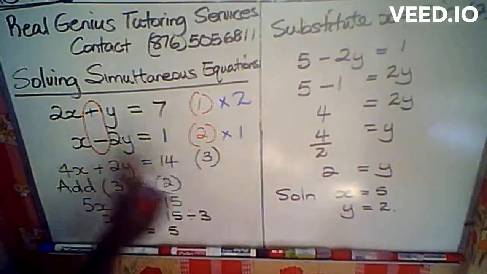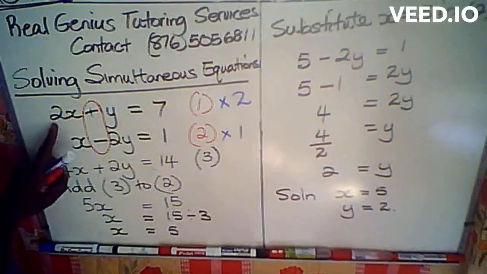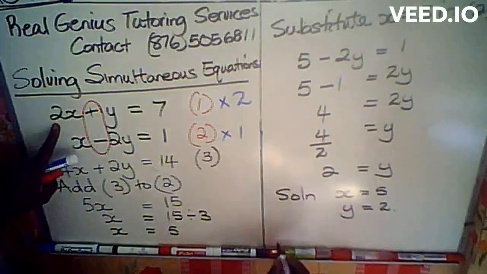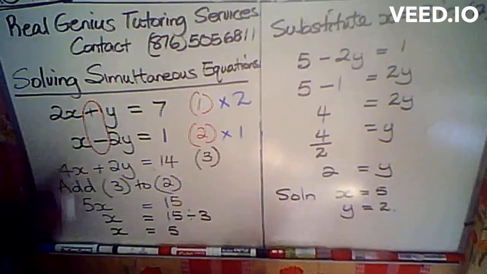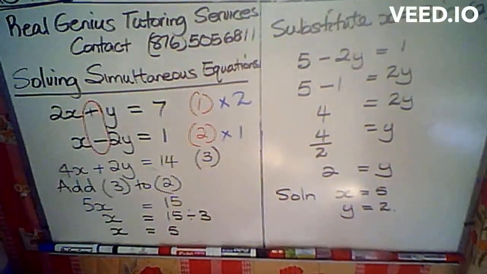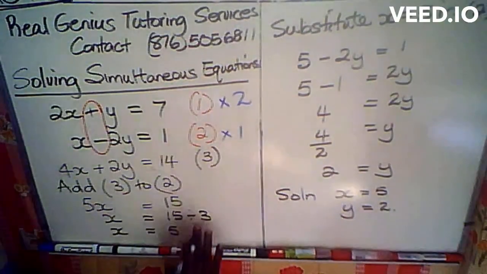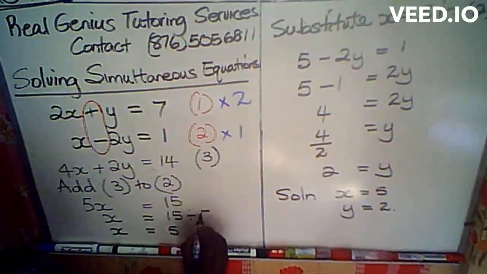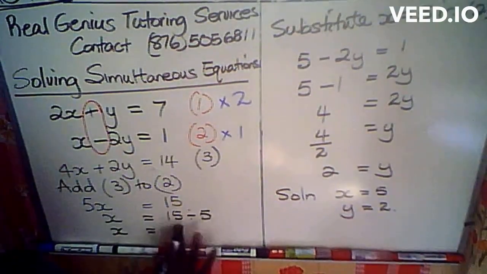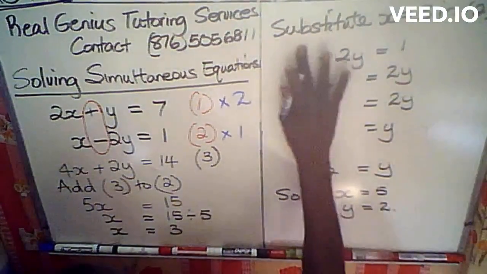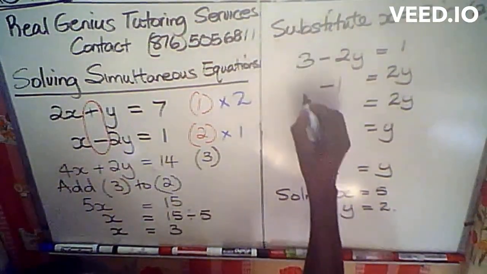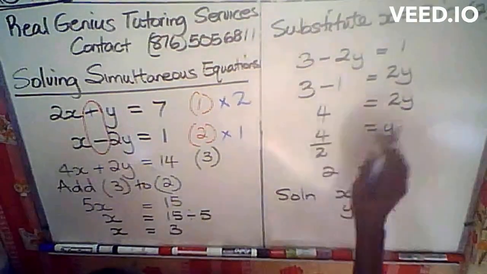And so if I should put these two values in equation 1, I would have... no, something is not right here. No, this should be 5. Sorry about that. So this should be 5, and this should be 3. So here you'd have 3 equals 2y.